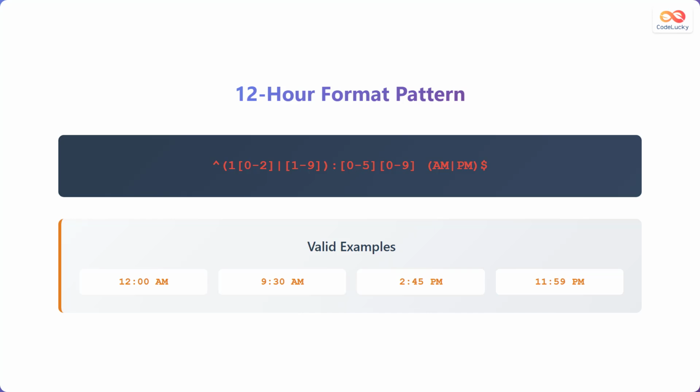The pattern is ^(1[0-2]|[1-9]):[0-5][0-9] (AM|PM)$. Let's look at some valid examples for this pattern. 12:00 a.m., 9:30 a.m., 2:45 p.m., and 11:59 p.m.